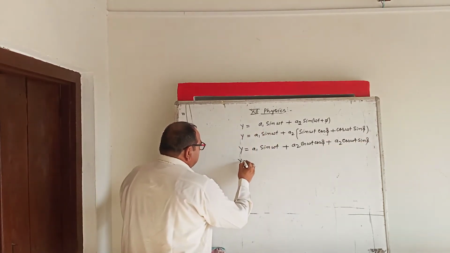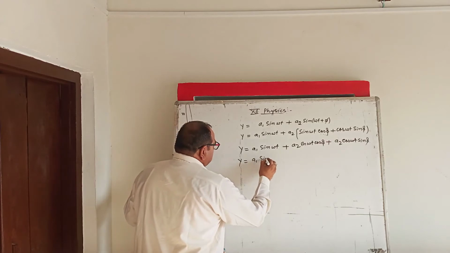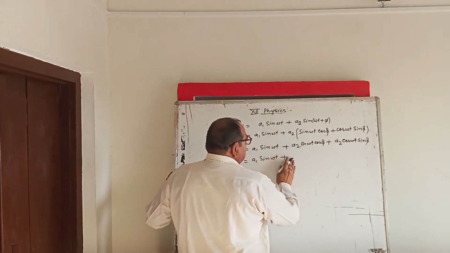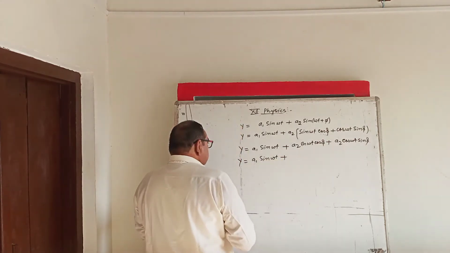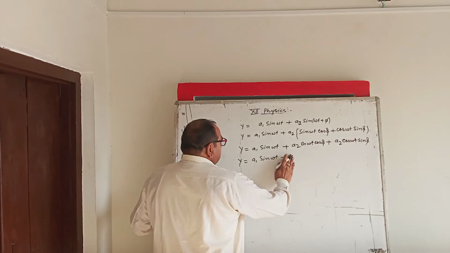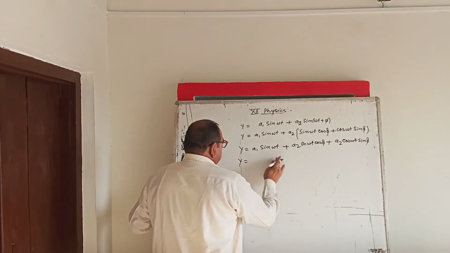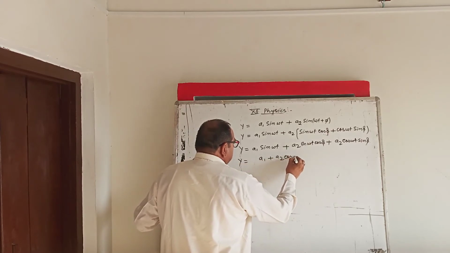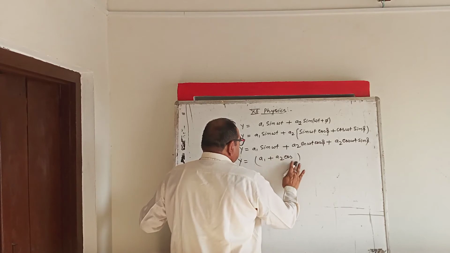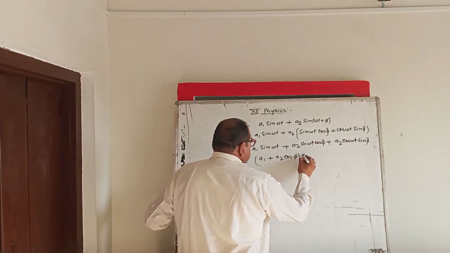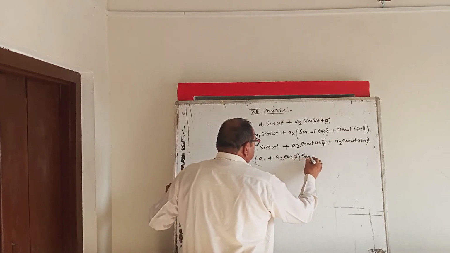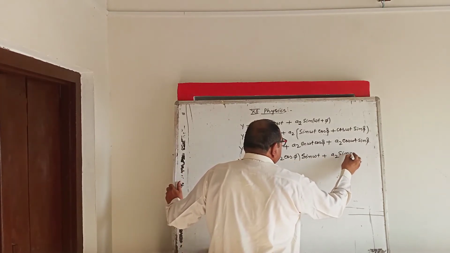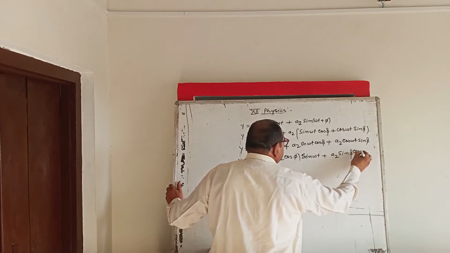Now again, a1 sine omega t plus, I take sine omega t common here, you will get a1 plus a2 cos phi times sine omega t plus a2 sine phi cos omega t.